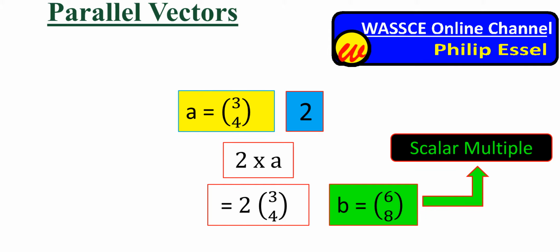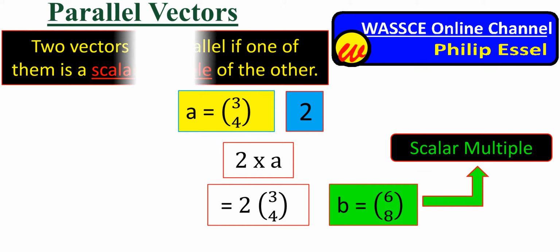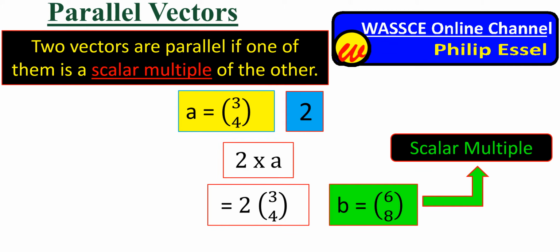And in this case, the vector A and the vector B, one is a scalar multiple of the other. So what it means is that the vector A and B are parallel. So let's write this down. Two vectors are parallel if one of them is a scalar multiple of the other.